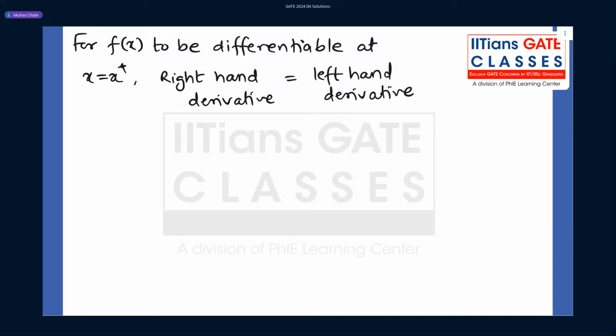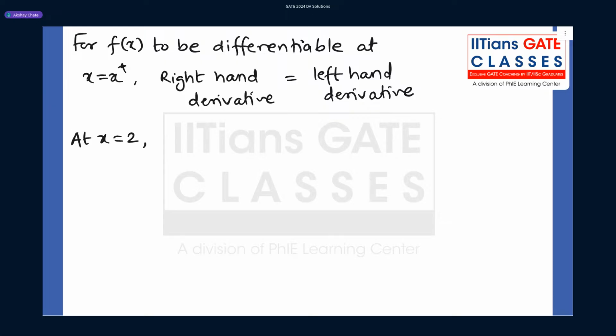Here the differentiability goes to the first order derivative of f of x. Continuity deals with f of x, but differentiability deals with the first order. And right hand derivative, let's say at x equal to 2, you're approaching from infinity to 2, so that means your f of x is x.